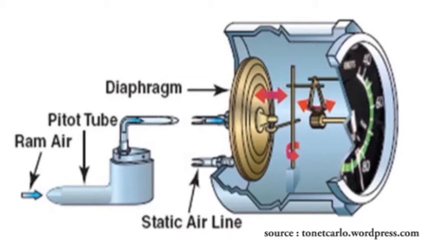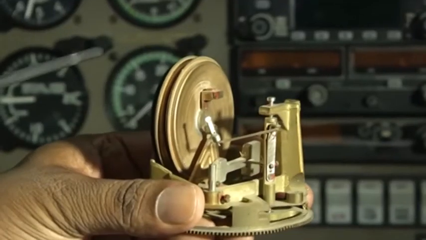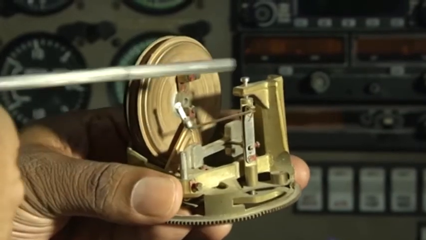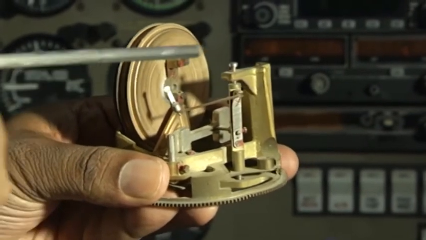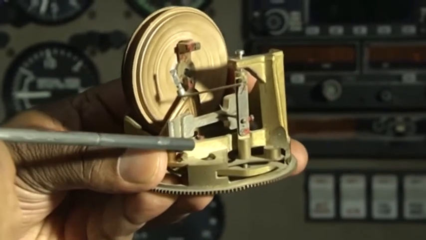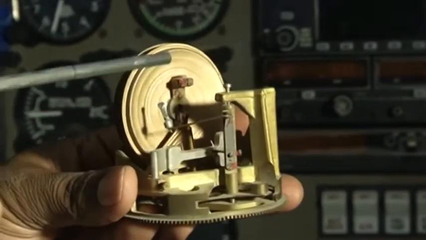Outside the diaphragm, but within the casing, is the static pressure, which from the static vents through the tubing enters the instrument and acts outside the diaphragm. The movement of this diaphragm is transmitted to the pointer by mechanical linkages consisting of link, rocking shaft, vertical bimetallic arm, sector and pinion.